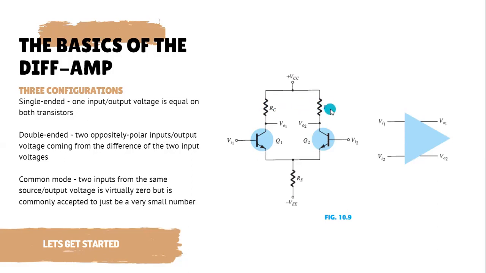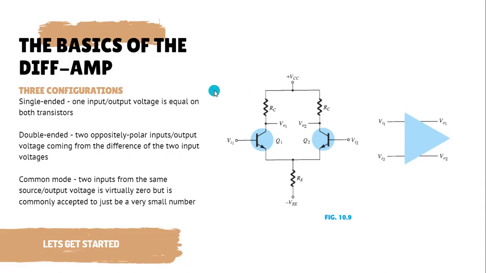RC1 and RC2 are equal, so are IC1, IC2. And then they run across the same transistors, which have the same values as well, and they share an RE. So naturally, their output voltage at the end of the process would be equal, but they're still separate processes, which is why they have two output voltages, but they are exactly the same.